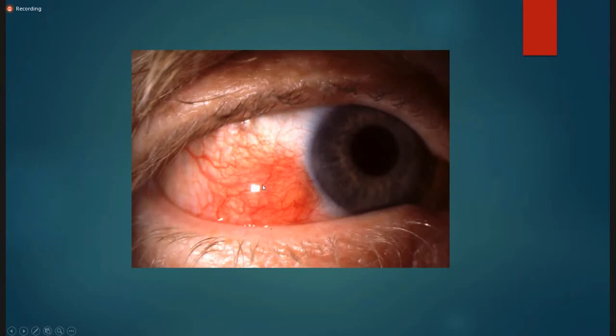Here lies the congestion over the nodule, and the diagnostic test is topical phenylephrine 2.5% test. Put a drop of 2.5% phenylephrine. If the congestion is due to episclera or conjunctiva, it blanches the vessels, while in cases of scleritis, it does not blanch the vessels. This is the diagnostic test clinically.